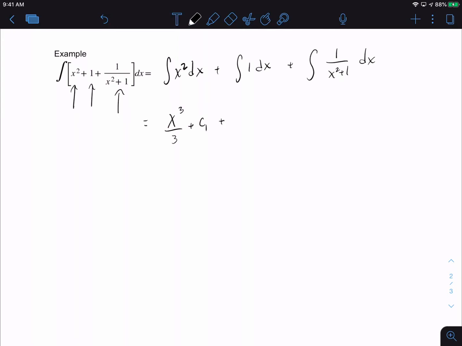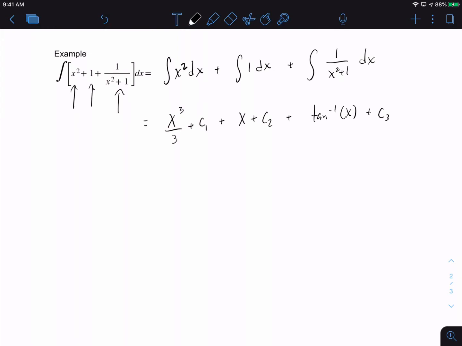The integral of 1 dx, well, that's just going to be x plus some c2. And then this 1 over the quantity x squared plus 1, we know that that is tangent inverse of x, and it's going to have a constant added to it. So that's something that's important to have.